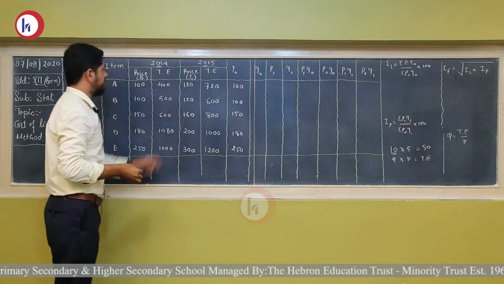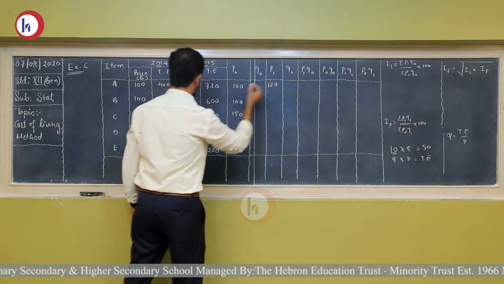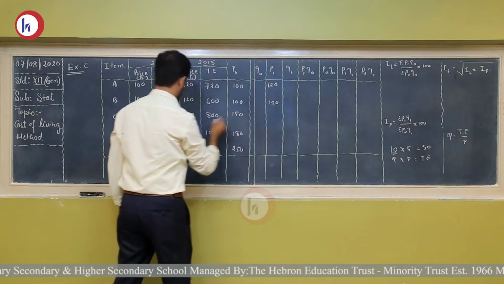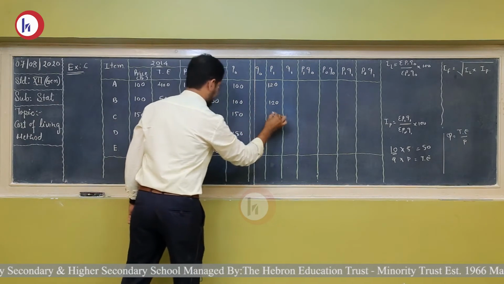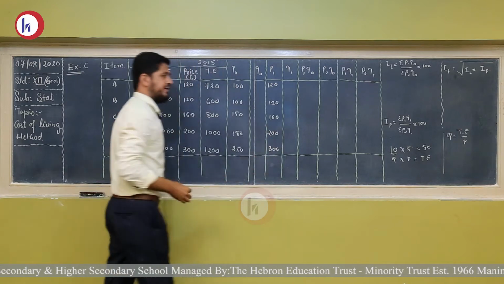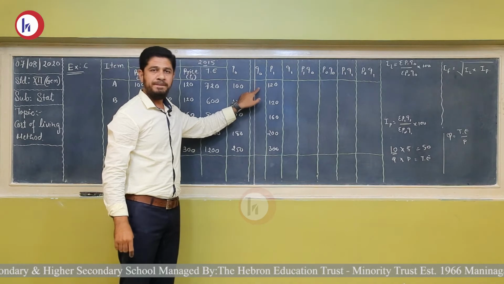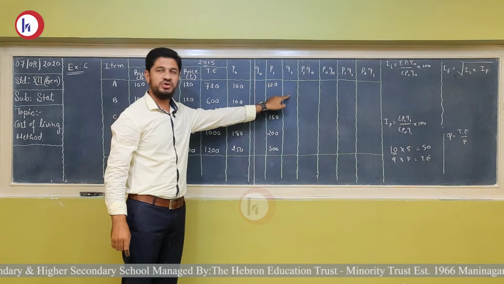Again let's copy the values into the P1 column. So 120, 120, 160, 200 and 300. Now we need to find the values of Q0 and Q1.